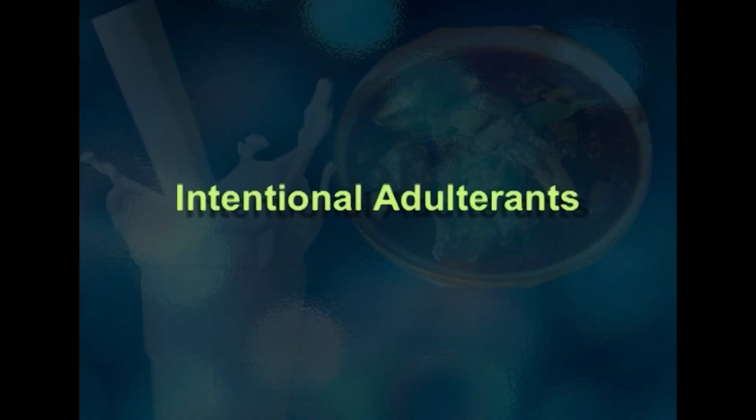Second type, intentional adulterants. Here adulterants are intentionally added to the food products and can cause harmful effects on the body, like lead chromate. This causes lead poisoning, which leads to epigastric pain, nausea, constipation and anemia.